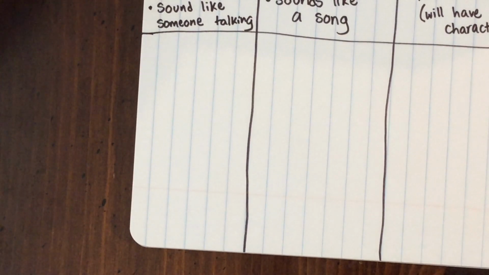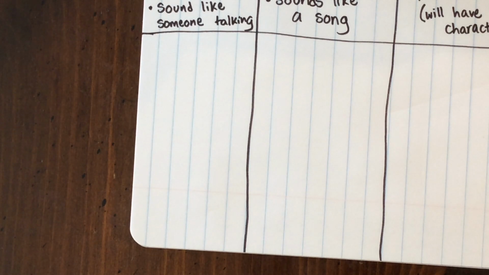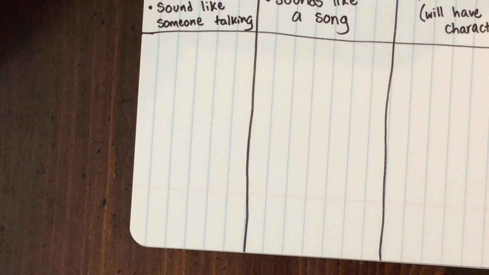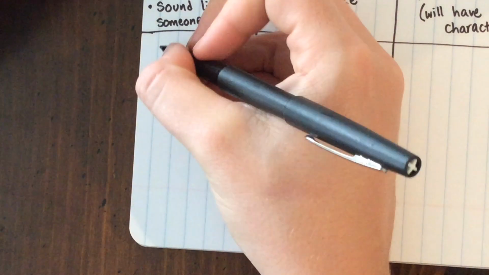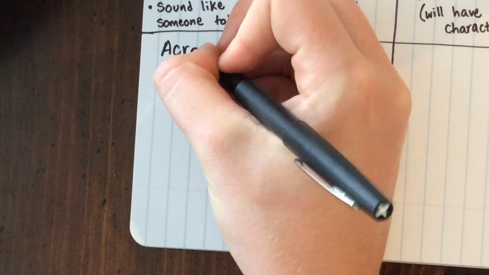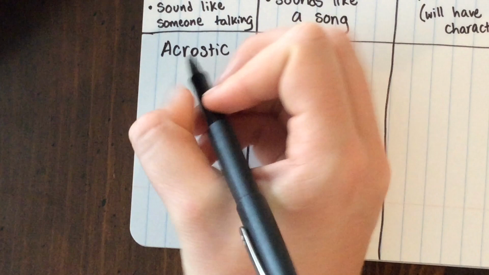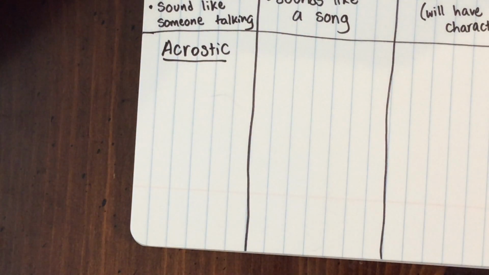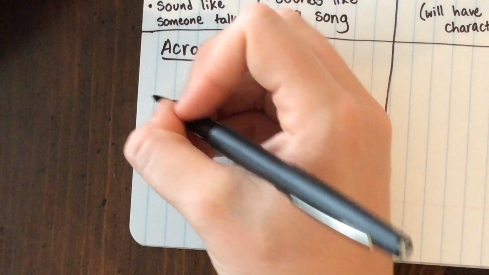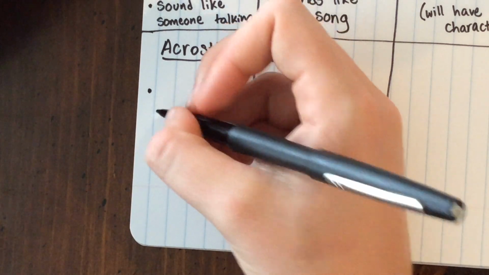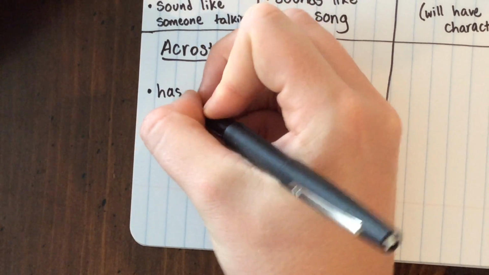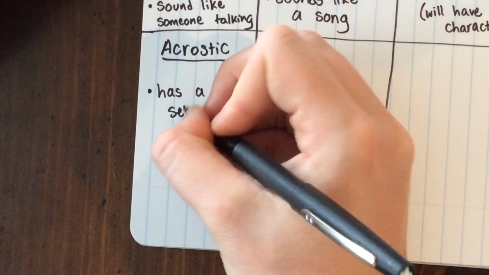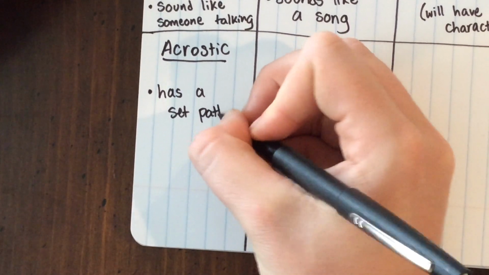All right, so the next 4 poems we're going to talk about, they're also important for fourth graders to know, but they show up less than the top 4. So the first one is one that you guys have all probably written before. These are acrostic poems. This poem has a set pattern.